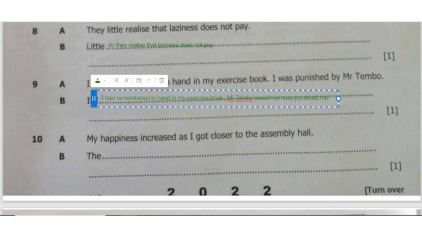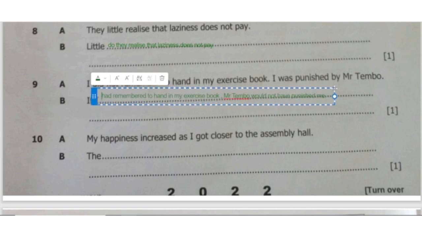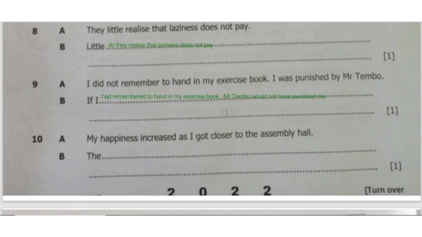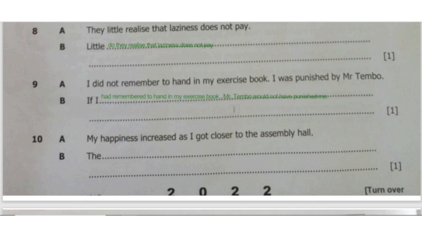Oh, and sorry, because it was "if I", there is no need to write "had". And when we write Mr., what we do is we put a full stop there, and then it looks like that.